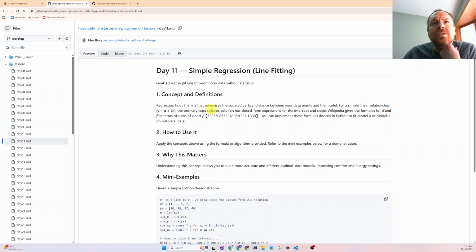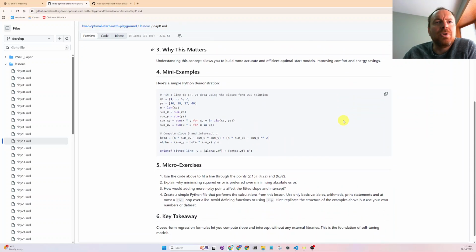The ordinary least squares solution has closed form expressions for the slope and intercept. Wikipedia gives you the terms alpha and beta in terms of sums of x's and y's. You can implement these formulas in Python directly.